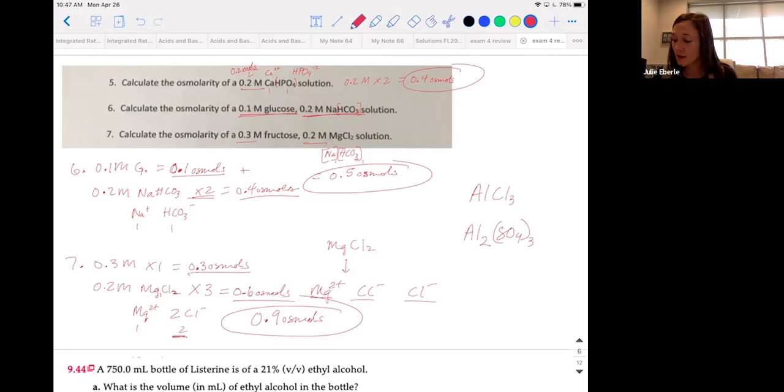Can you tell me which one is hypertonic compared to the other 2? Solution 7, which is what Keegan said, 0.9. That one's hypertonic. The one that would be hypotonic compared to the other two is number 5. It has the lowest osmolarity. How do you know? Hyper and hypo.